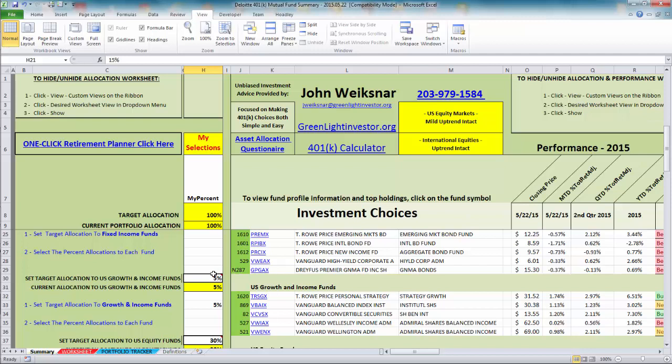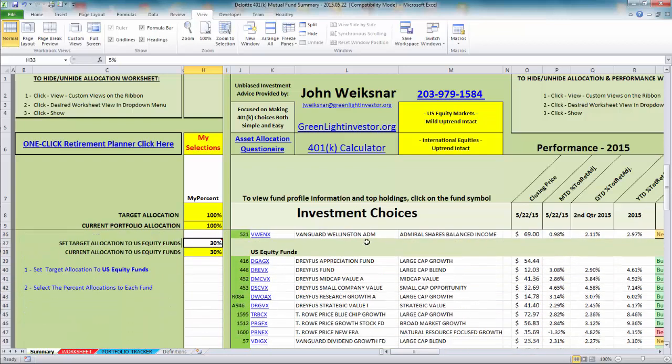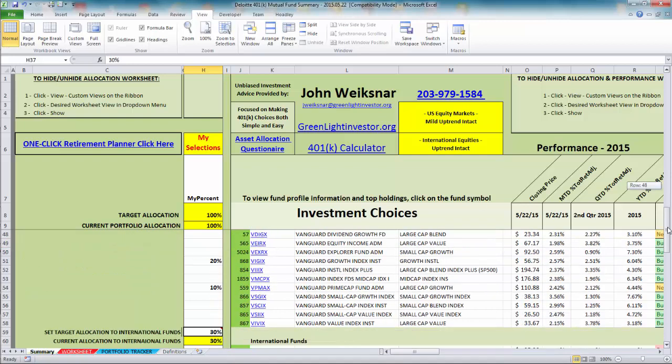Here we're showing a 5% allocation to our U.S. growth and income, and when we highlight the cell, our allocation is currently 5% invested in the Vanguard Balanced Index Fund. Our U.S. equity, we have a target allocation of 30%, and we're showing in the yellow cell that it is 30% invested.